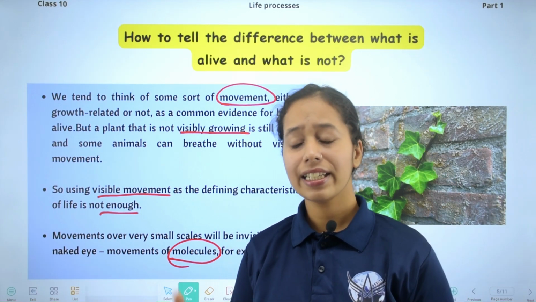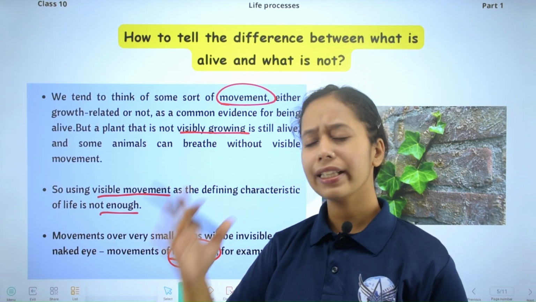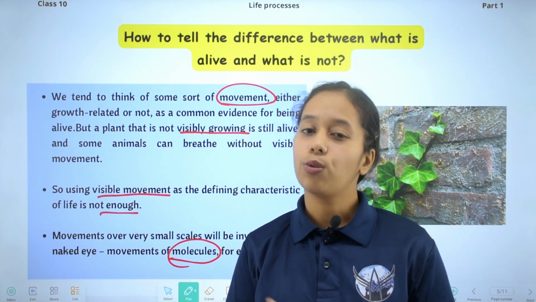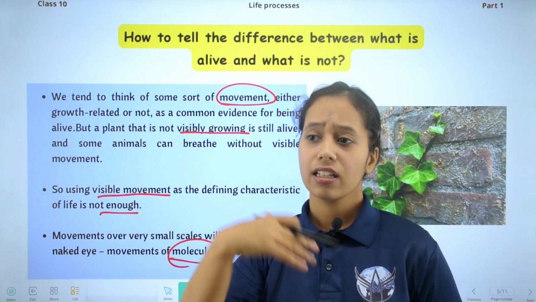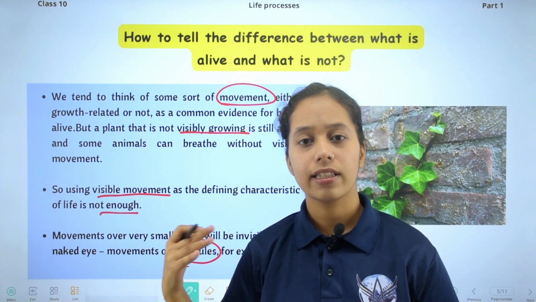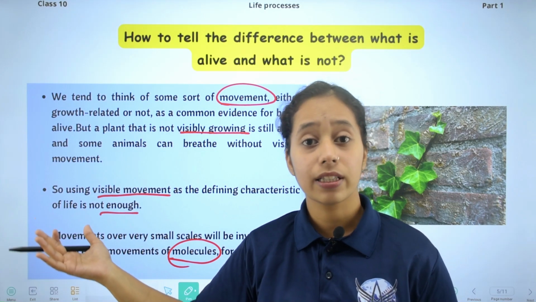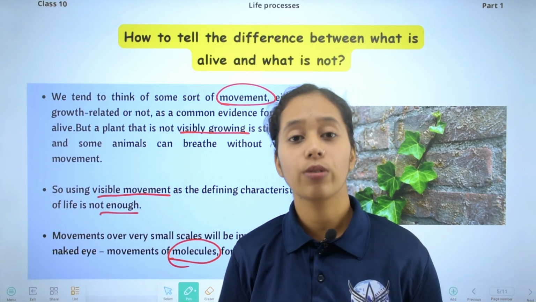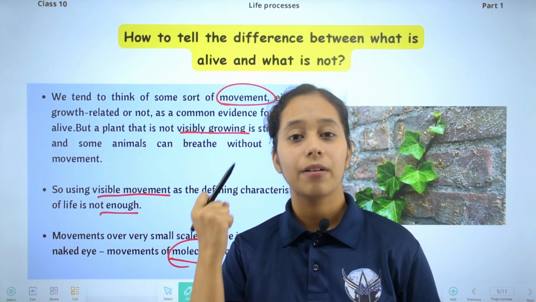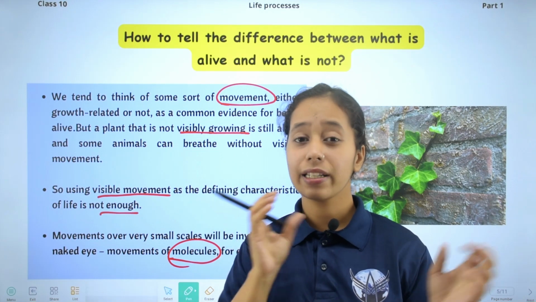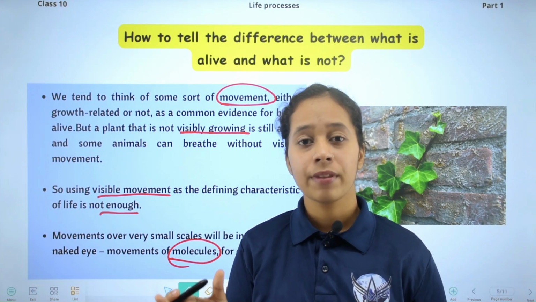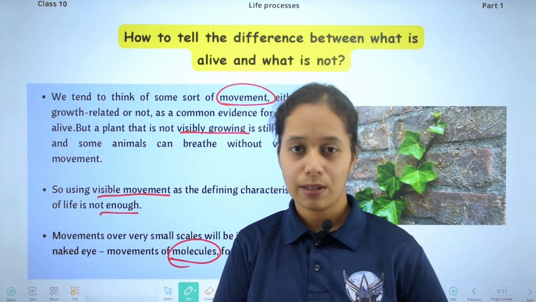There are many invisible movements which keep going on inside our own human body. Let us not take some other animal example. Since we are living beings, since we are studying biology, let us take our own example. There are many movements which are invisible to the naked eye, and they all are going on inside our body.